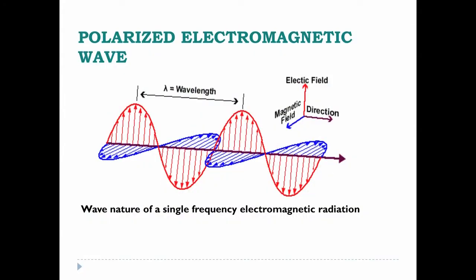It is very simple, and the direction of the light is perpendicular to both. That means there are three axes: the electrical field axis, the magnetic field axis, and the direction in which the light is proceeding. This is how we see an electromagnetic radiation.